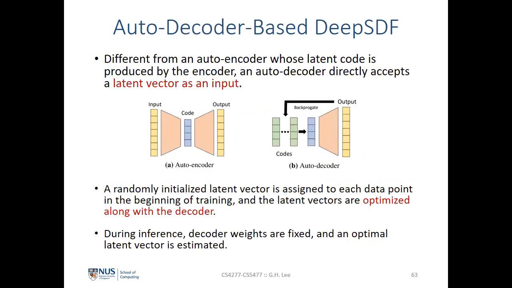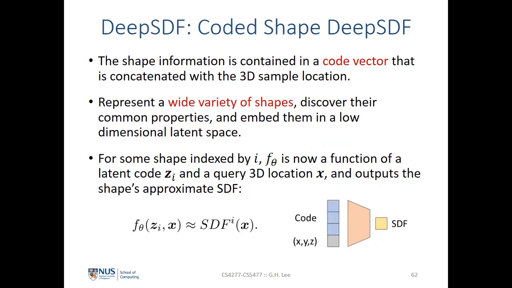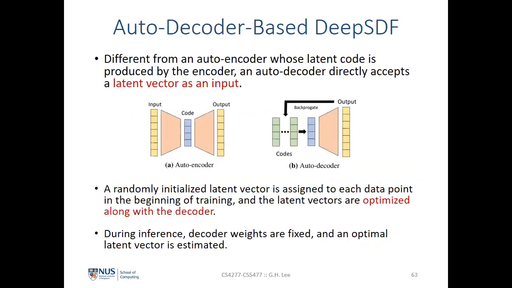The third variant that they introduced would be the auto decoder. So this is already close to the auto decoder, where this is basically the decoder. You are decoding this code into the SDF value and you are concatenating XYZ with the code. But you can actually condition the X on the decoder itself.